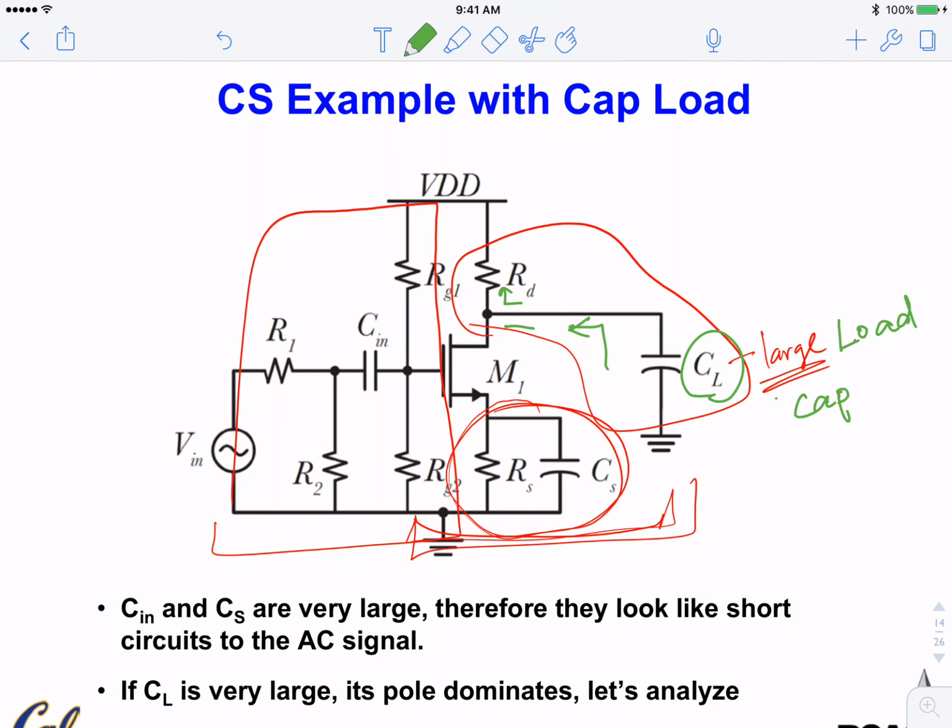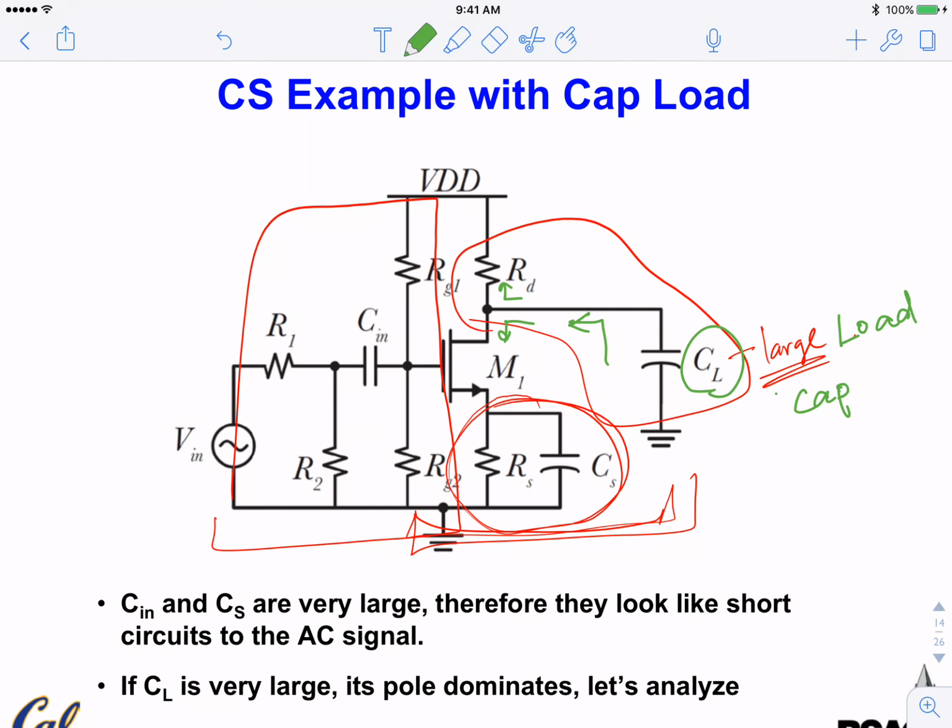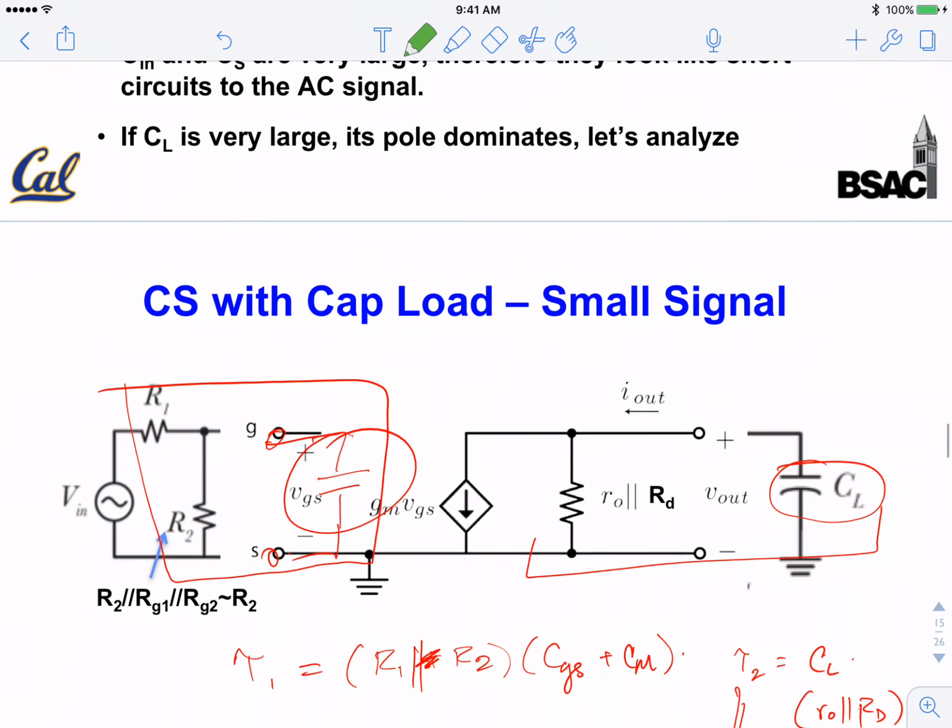You look down, these are AC short. This RS is AC short, so you don't see that because of the shunting capacitance here. So you see the drain, you see R0. R0 is big. The R0-CL combination is not good. It's bandwidth limiting, right?